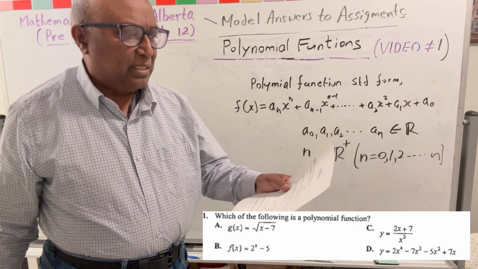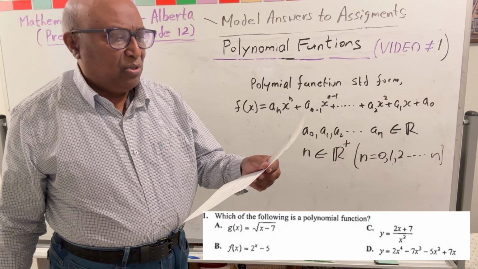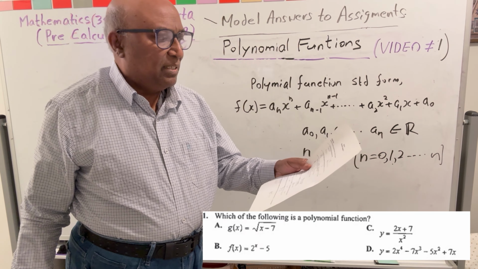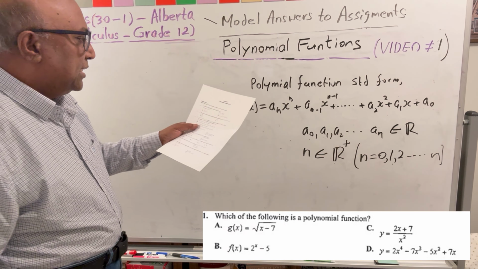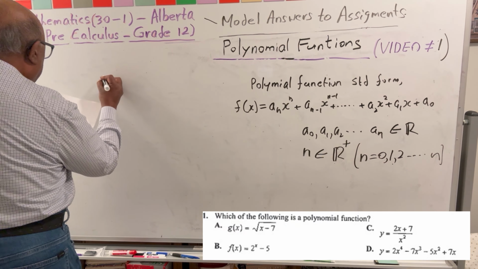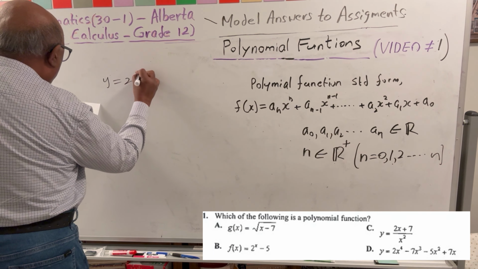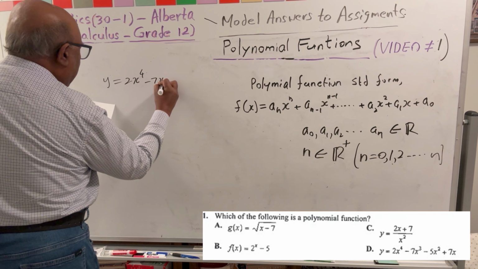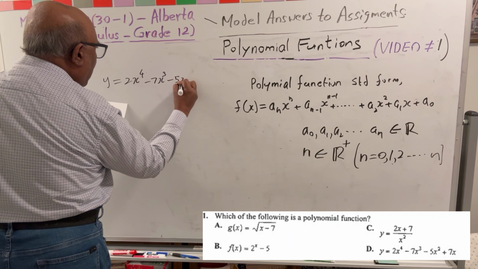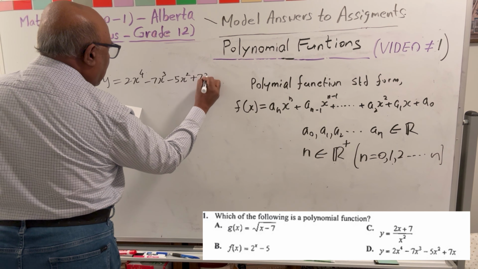According to this, out of the options, the only function matching these properties is the last one, option number D, y equals 2x^4 minus 7x^3 minus 5x^2 plus 7x.